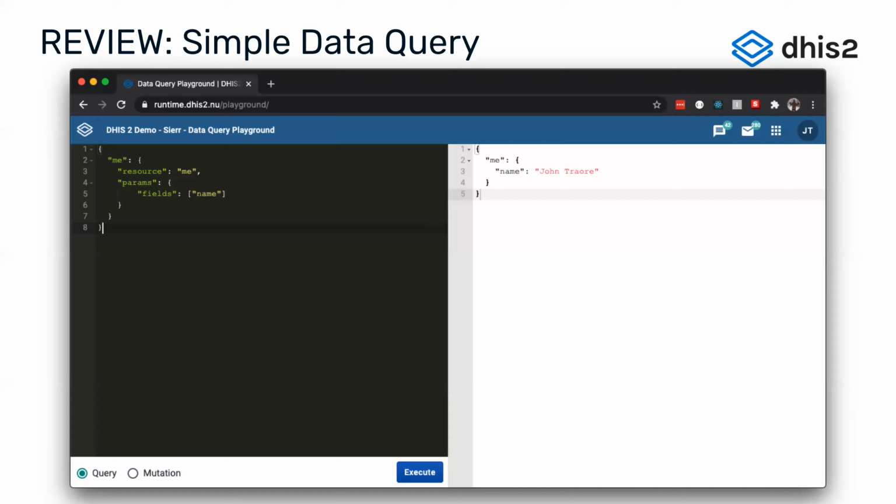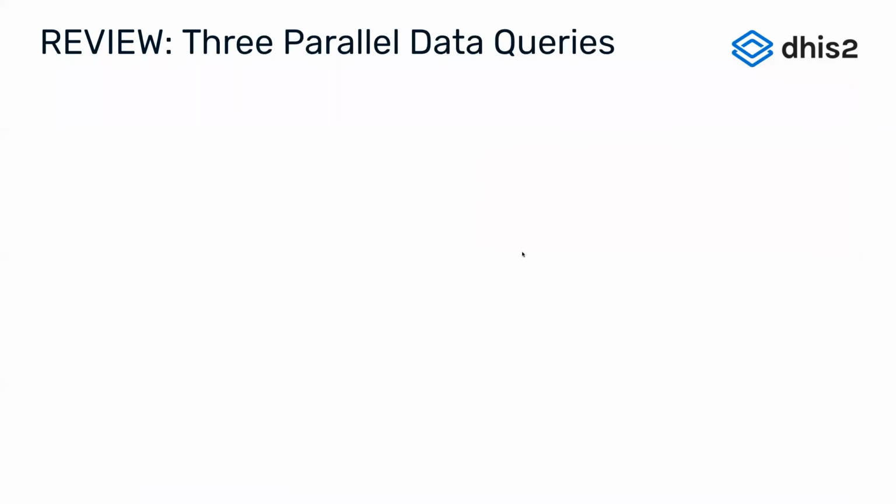We logged in to this playground instance with a specific user, and in this case, we're requesting just the name field for that user. So we specify the parameter of fields with name, click execute, and the result, as you can see here, you have the name of the object that you're requesting. We said me on the left here, and it's me on the right. And then we're just getting the single field of name. It's a very simple data query.